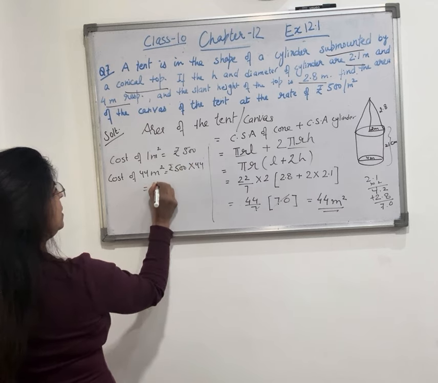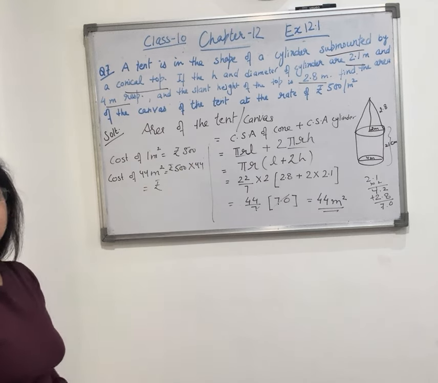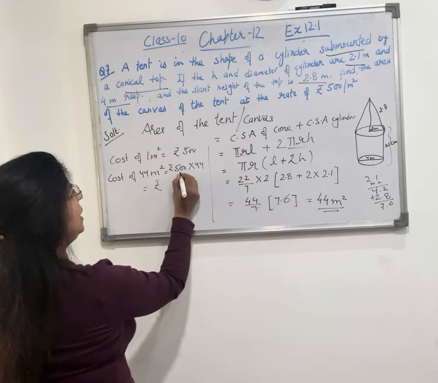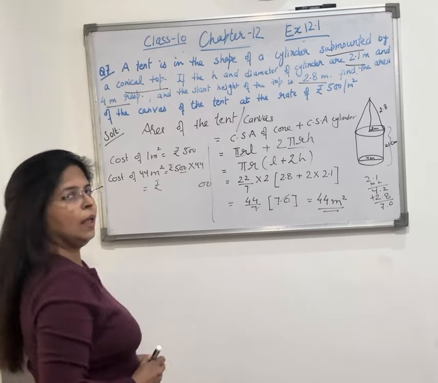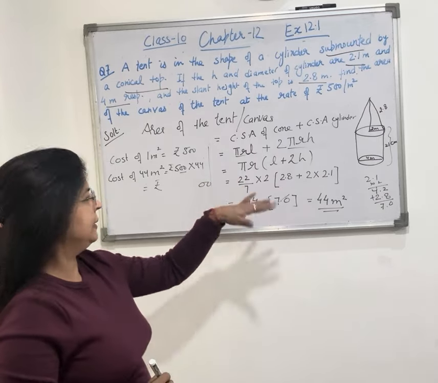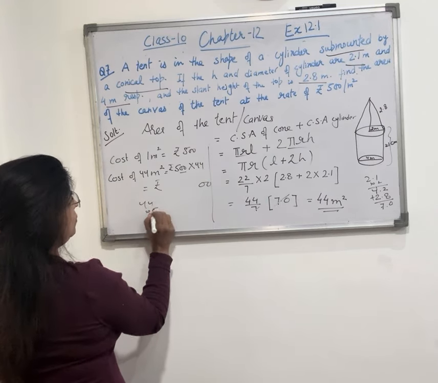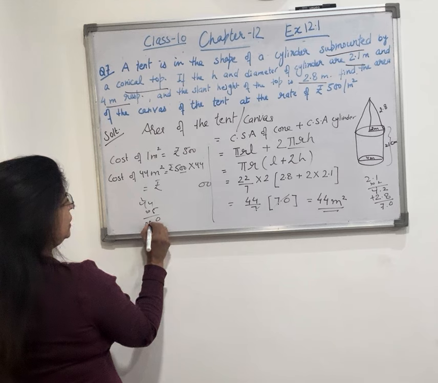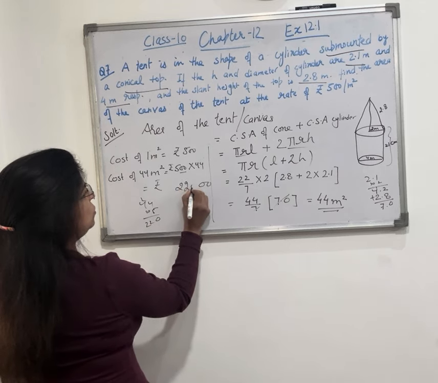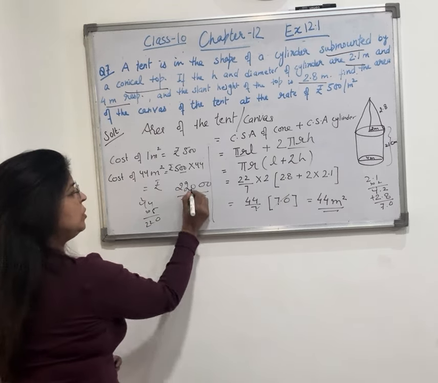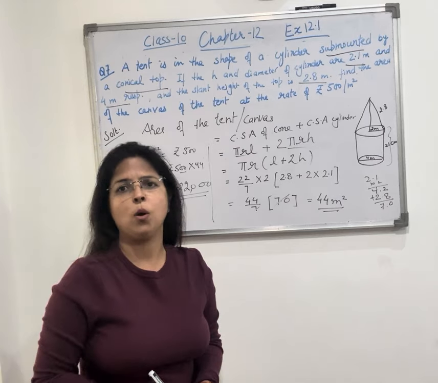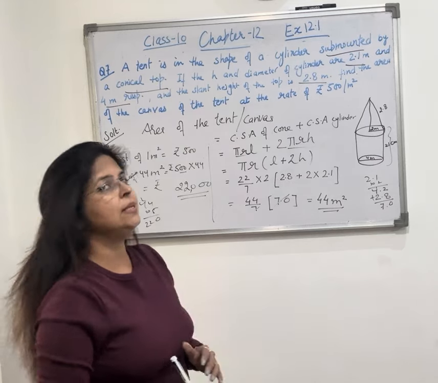It will be in rupees. See, I can do this calculation orally. Whenever there are two zeros, put the zeros at the last, and 44 you have to multiply by 5. 5 4s are 20, 22. 2200 means 22,000 is the cost required for making this canvas.